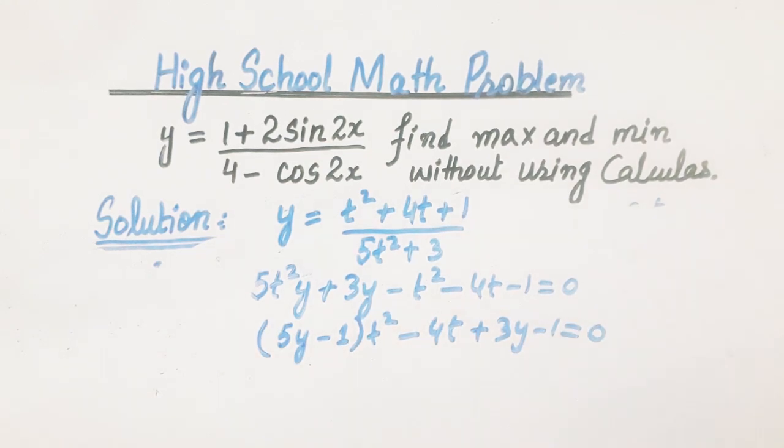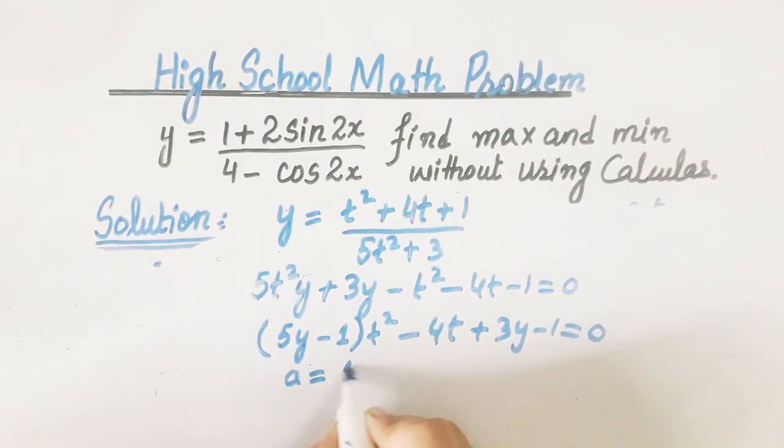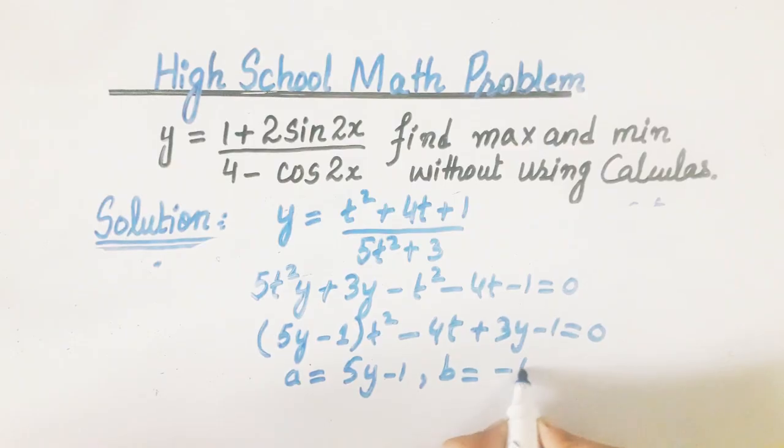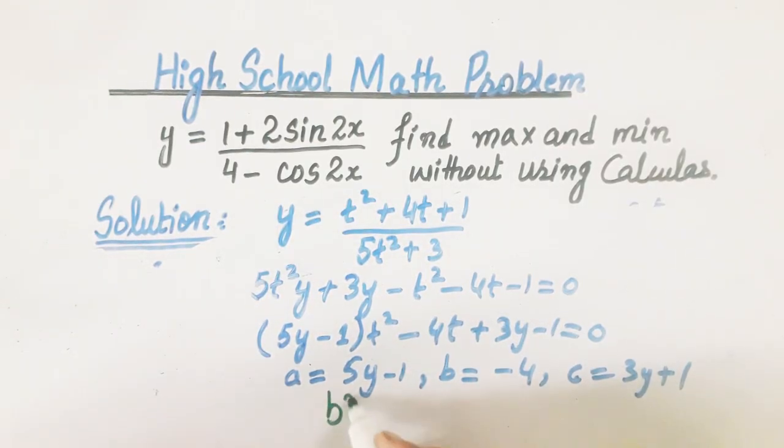This is a quadratic equation. Now in this equation we have the value of a is 5y minus 1, the value of b is minus 4, and the value of c is 3y minus 1. Now we will substitute these values in this formula, that is b square minus 4ac is greater than or equal to 0, to find the range of y.